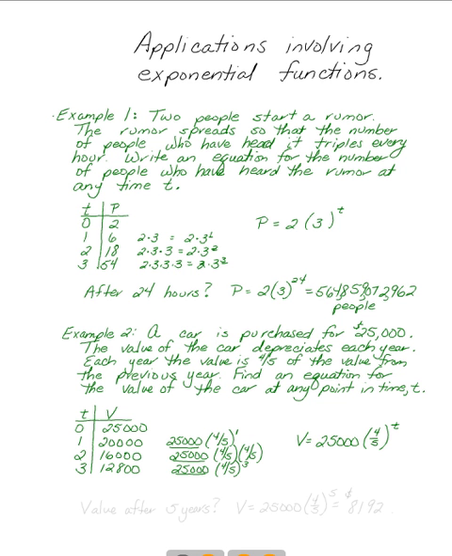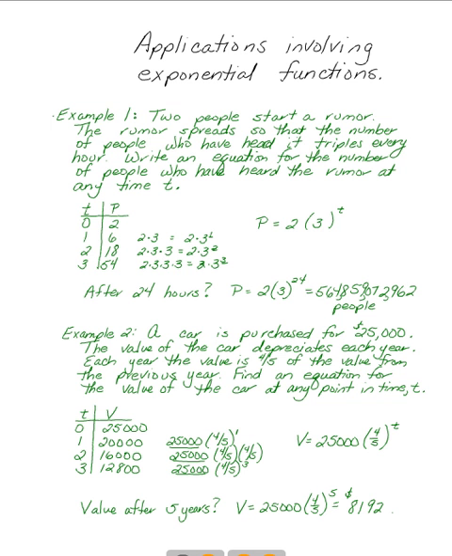And then again, we could answer some questions. For example, if we wanted to sell our car after 5 years, what would be the value of our car after 5 years? So the value after 5 years would be V equal to 25,000 times 4/5 to the 5th power, which is equal to $8,192.